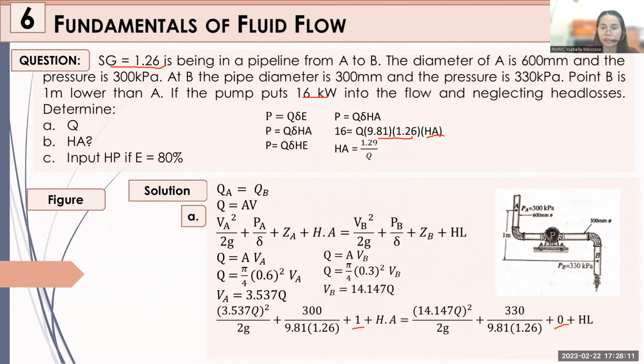Okay? So that is just 9.81. In terms of HA, that is 16 divided by Q times 9.81 times 1.26. It will be equal to 129 times Q. Just try dividing both sides by this value so that we are in terms of HA.